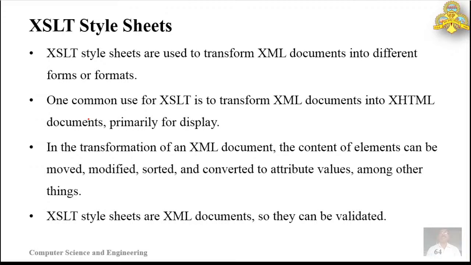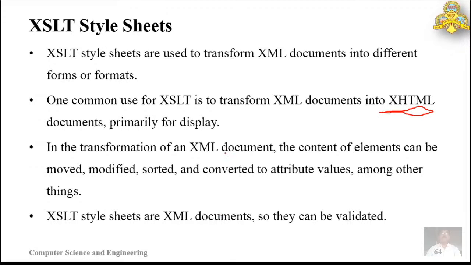XSLT style sheets are used to transform an XML document into different forms or formats. One common use for XSLT is to transform an XML document into an XHTML document, primarily for display. So if very complex data is there and we want to display it, it will be converted into an XHTML document. In that case, XSLT is used.